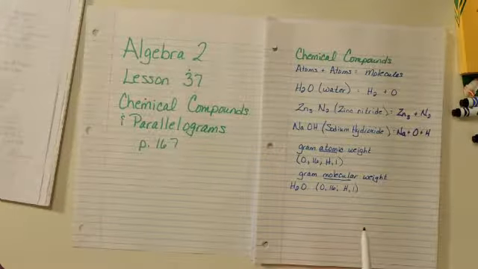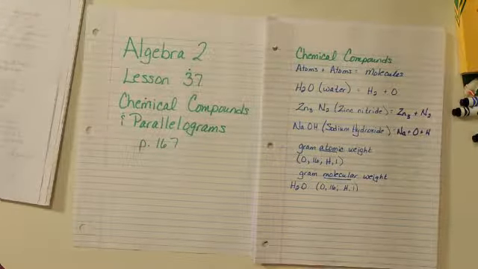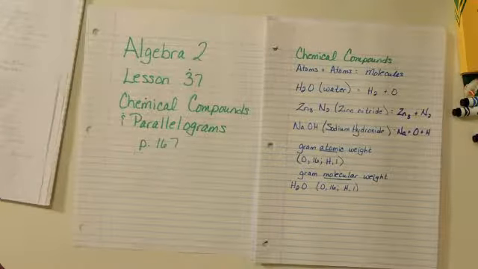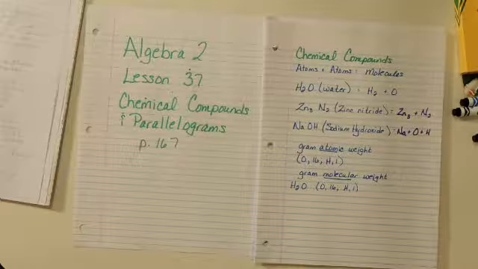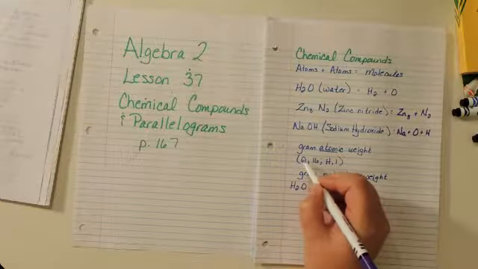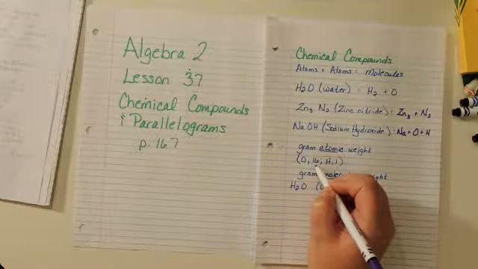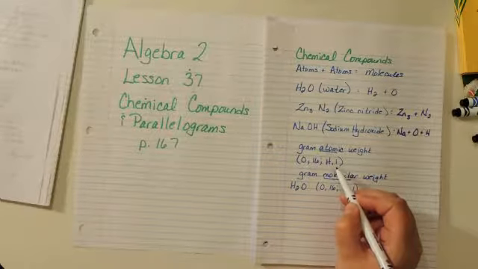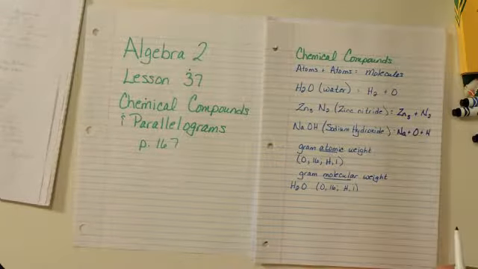The gram atomic weight of hydrogen is 1 gram. The book will give you the gram atomic weight of the elements in parentheses in these problems. So in a problem about hydrogen and oxygen, it's going to say O, 16, which means oxygen weighs 16 atomic grams, and hydrogen weighs 1 atomic gram.